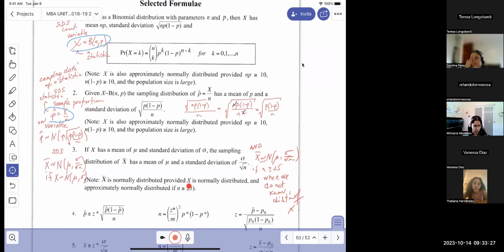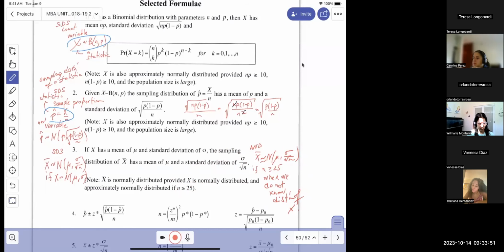So that's what this says here. X bar is normally distributed, provided X is normally distributed and approximately normally distributed if n is greater than, oh, there it is, 20. Okay, so let's look at those problems that I've been given, number 3 and 4, and we'll talk about this. This thing here, this rule is known as the central limit theorem. It has a special name.